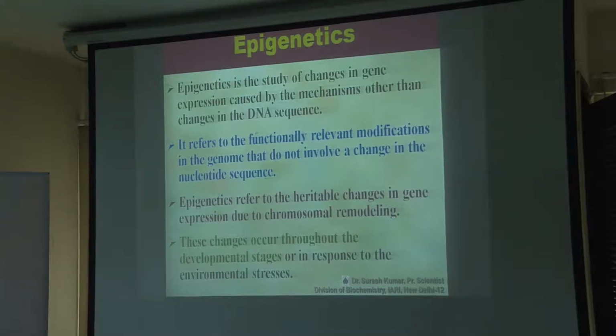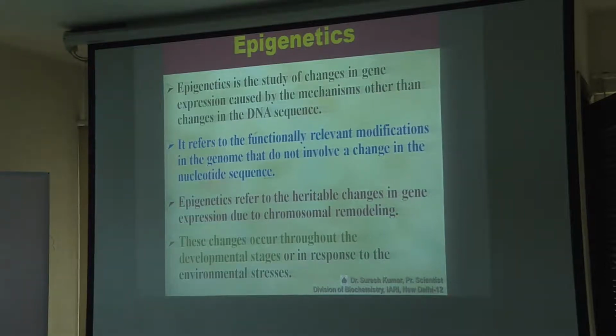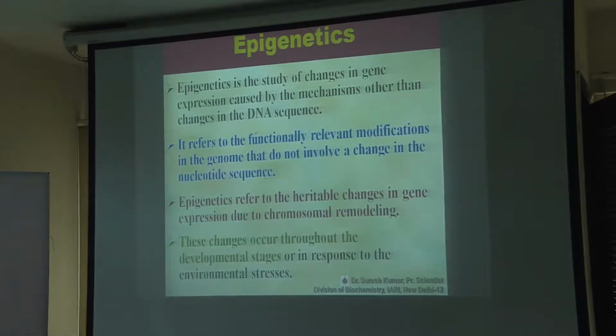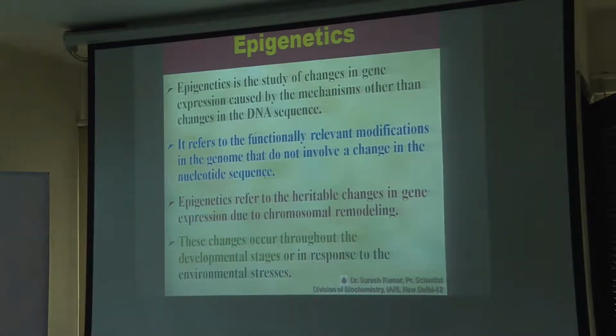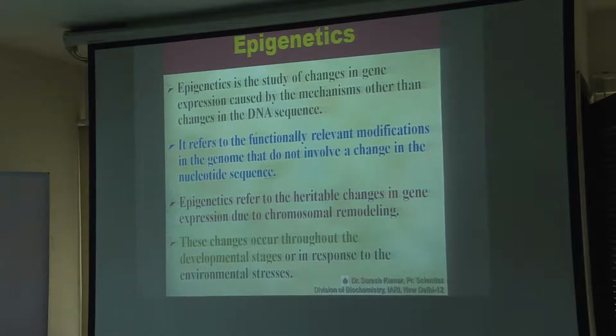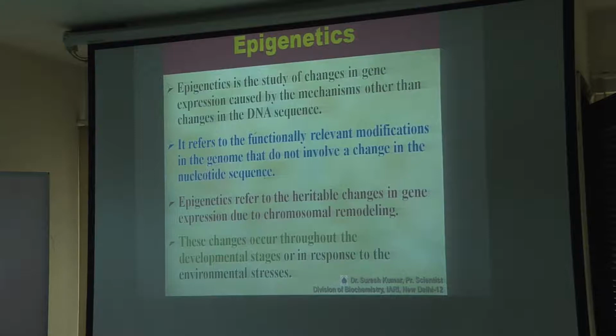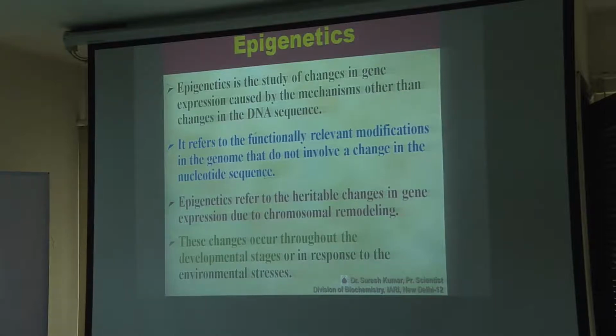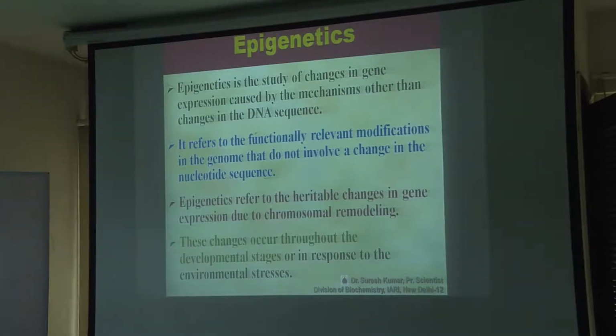So, here there is no change in the nucleotide sequence, but the expression of the gene should change, and we have seen that expression of a gene changes if some mutation is there, meaning a change in the nucleotide sequence. Here there is no change in the nucleotide sequence, but gene expression is going to change, either reduced, increased or disappear, whatever it may be.